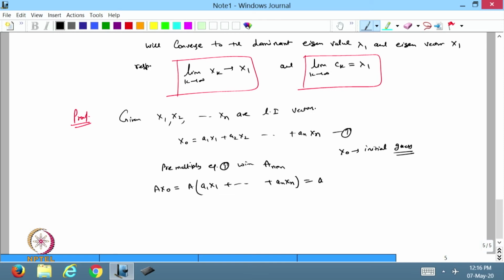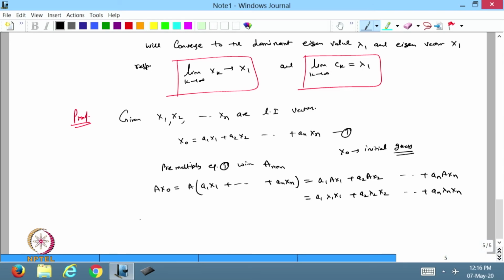So, I can write this as A1 A x1 plus A2 A x2 and up to An A xn. Now, x1 is the eigenvector corresponding to the eigenvalue lambda 1. So, this should be equal to A1 lambda 1 x1 plus A2 lambda 2 x2 up to An lambda n xn.